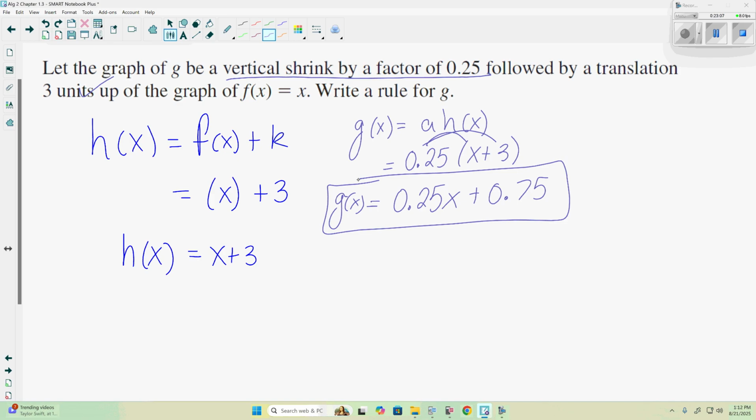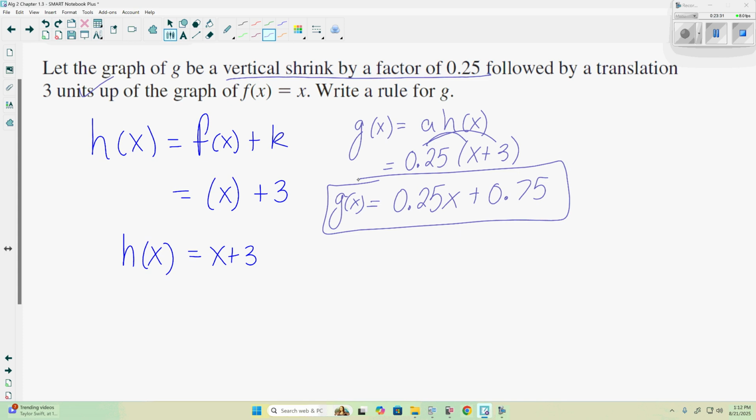Up and down is a vertical translation. It's moving the y values up and down. Those two interact with each other and can change, and because of that, they change the formula. Change what it looks like. Changes the outputs dramatically.